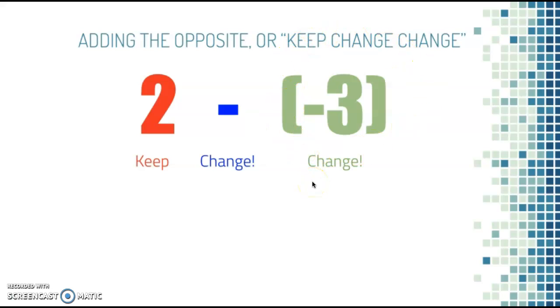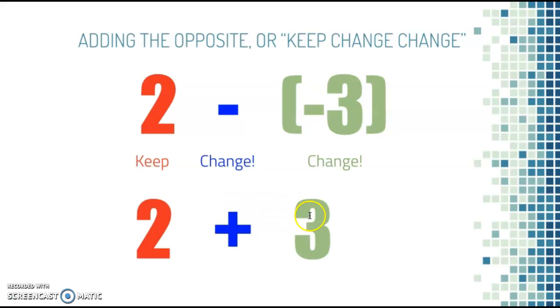So 2 minus -3 becomes 2 plus +3. We kept the sign of the first number. We changed subtraction to addition. And then we changed the sign of the number after it. Keep, change, change. I'll show you another example of this.